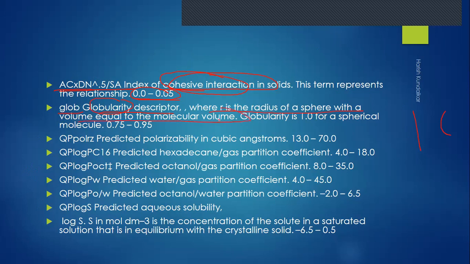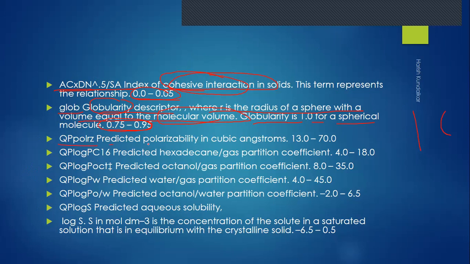So when we consider molecular volume, it will turn into a globular structure, and its radius would be measured. So if the globularity is 1, it is a spherical molecule. And ideally for a molecule, it should be in between 0.75 to 0.95. The more globular the molecule, the better are the chances that it will be bioavailable.